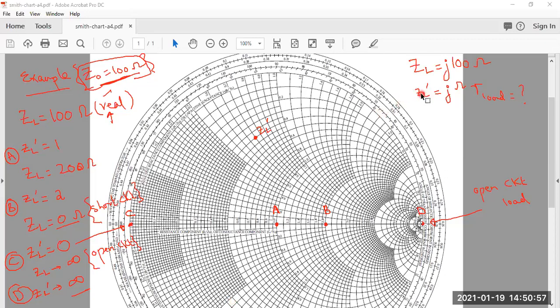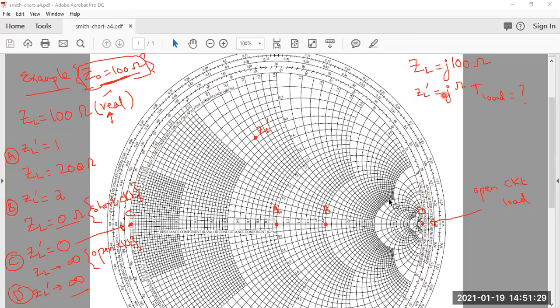If you are dealing with purely imaginary loads, no matter what the value of the impedance is, imaginary loads will always be on the outer boundary of the Smith chart. Right now I am highlighting which particular circle I am talking about. So all imaginary loads will be anywhere on this outermost circle of the Smith chart. For this example, it is equal to 1J.